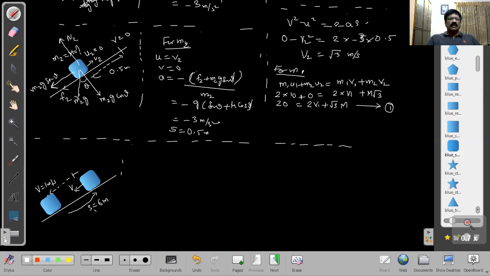So in the case of the first block again, because we had to find v1, if we know v1, then we can find the m value. That's why for m1 again, you see, initial velocity is equal to v1, because after collision it rebounds back, then only it comes down here.